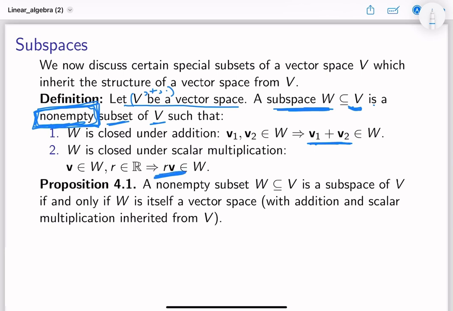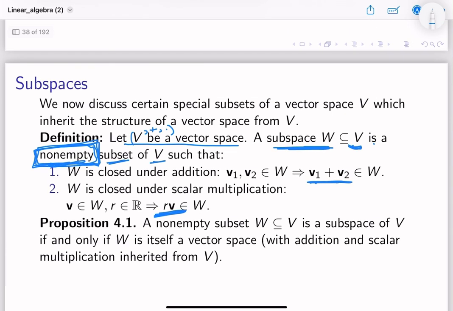And that's it, right? So before I state this proposition and prove it for you, let me tell you here, here's a big note, I would say.